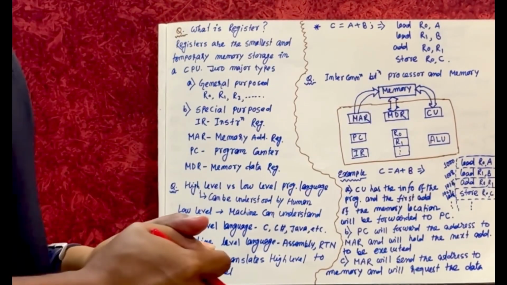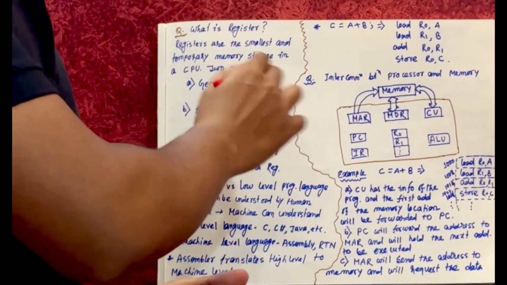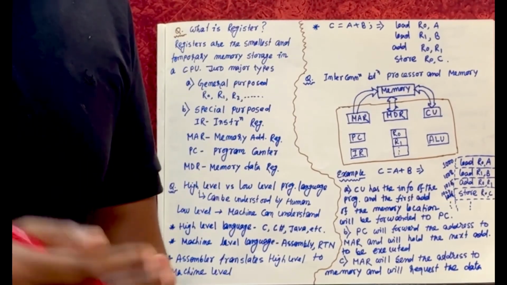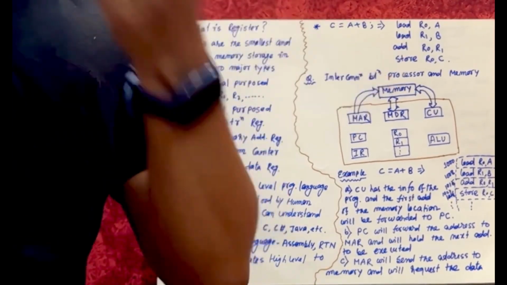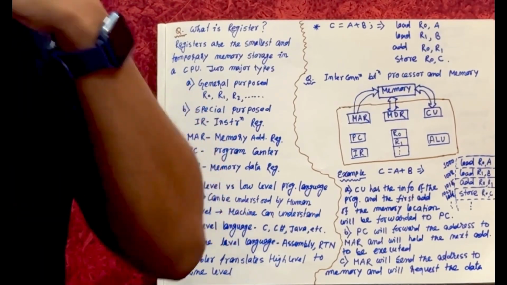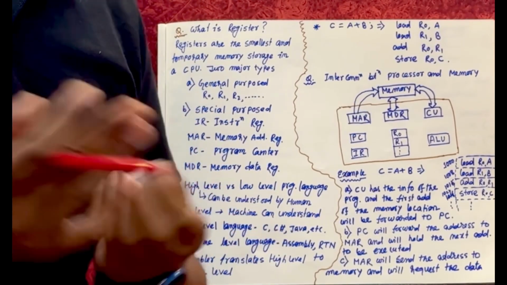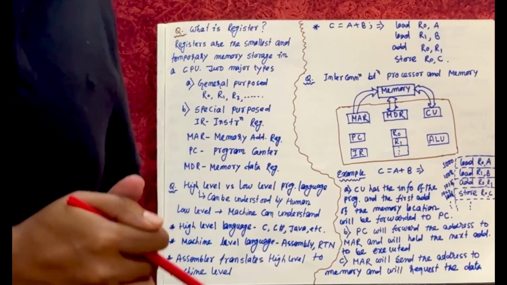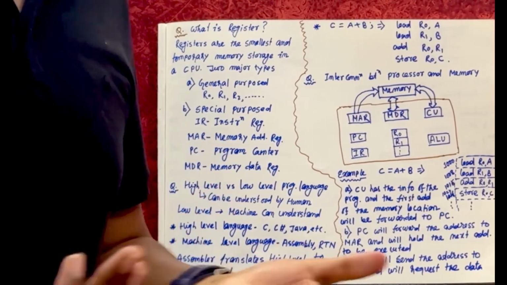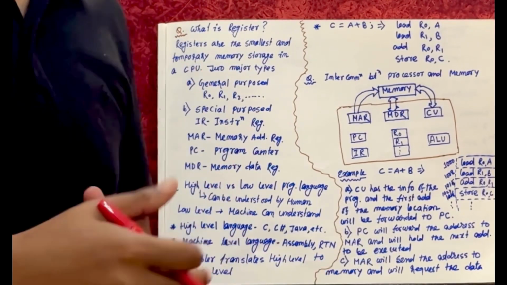Fine. Now out of these four special purpose registers, in many competitive exams, even in GATE, you may get some questions on PC. The very basic question you may get: what is the main purpose of PC? Why do we use PC? PC, the full form is program counter.